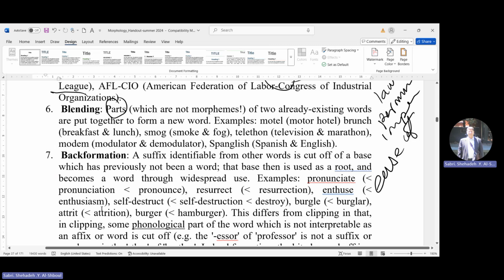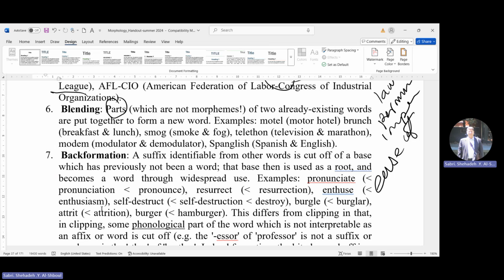So sometimes we blend a part with a syllable, right?